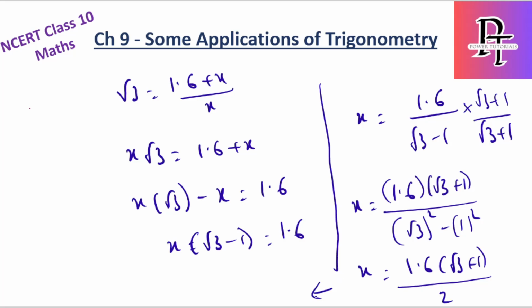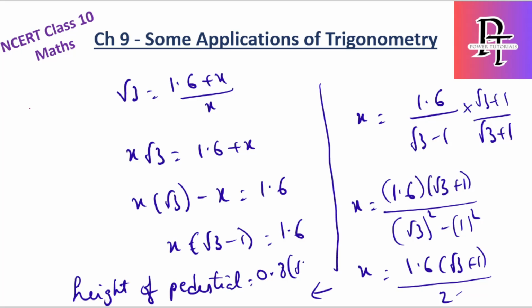So finally the height of the pedestal is 0.8 into root 3 plus 1 meters.